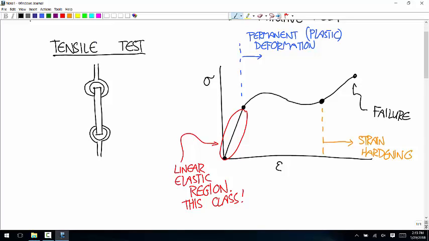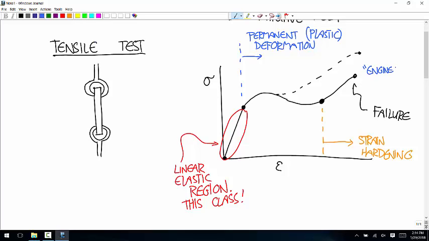There is one other thing I want to talk about with this, and that is that somewhere around here, there are two different ways you could think about what's happening. The solid line is what you get if you're calculating strain the way we calculate strain. And that's called engineering strain.